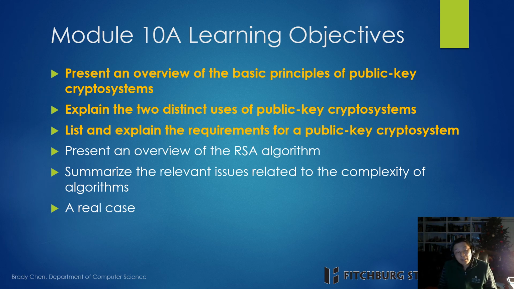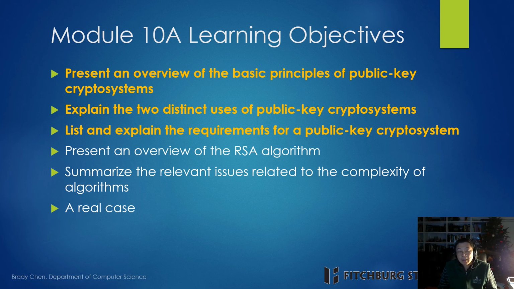In part A of module 10, we're going to present an overview of the basic principles of public key crypto systems. A public key crypto system is one of the important applications of number theory. So we will explain the two distinct uses of public key crypto systems, and then we will list and explain the requirements for a public key crypto system.